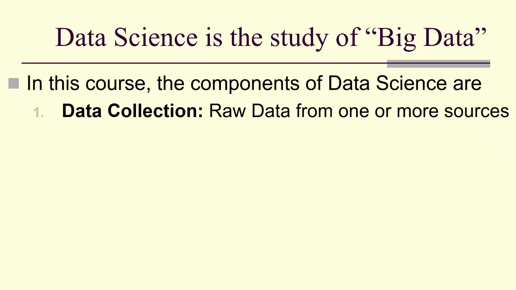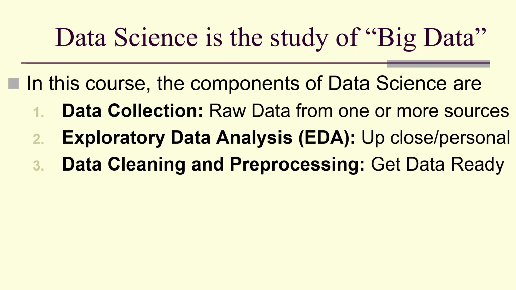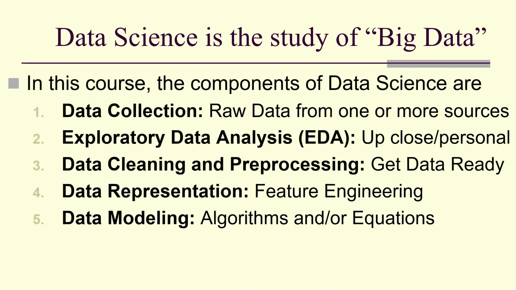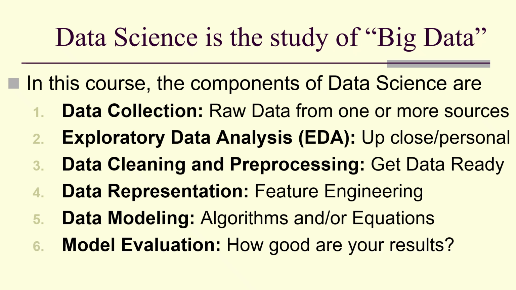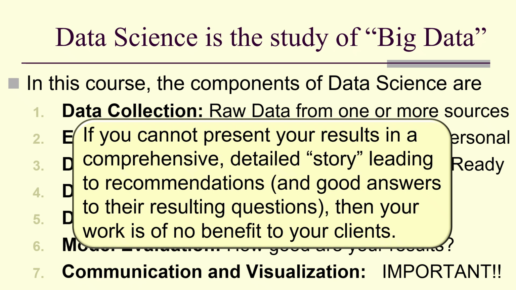Data collection, raw data from one or more sources, exploratory data analysis, data cleaning and preprocessing, data representation, also known as feature engineering, data modeling, which is algorithms and or equations, model evaluation, well, how good are your results, and communication and visualization, which are very important.